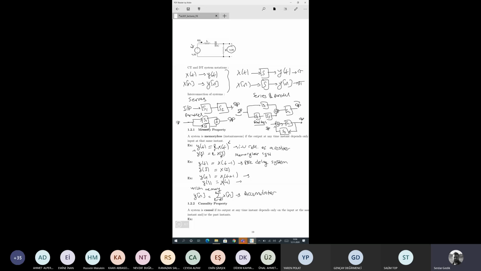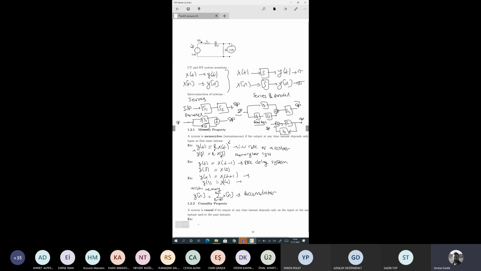If this is the case, you are memoryless. If you have a causal system, it means that to find the output value at a specific instant, you only need the current value of the input or the values from the past. So you cannot have future values, only current values or the values from the past.